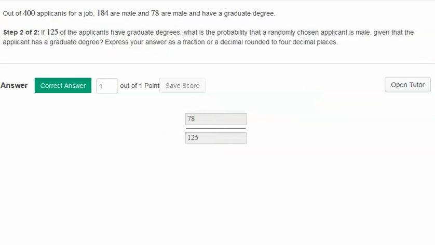Now, in part 2 of that same question, again, we still have our 400 applicants, but this is conditional because now they're saying this many have graduate degrees. So that would be our sample space.